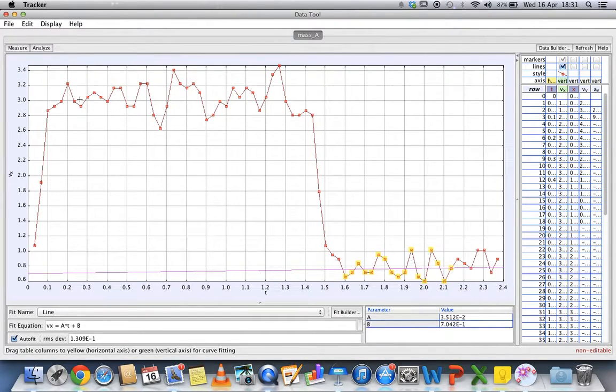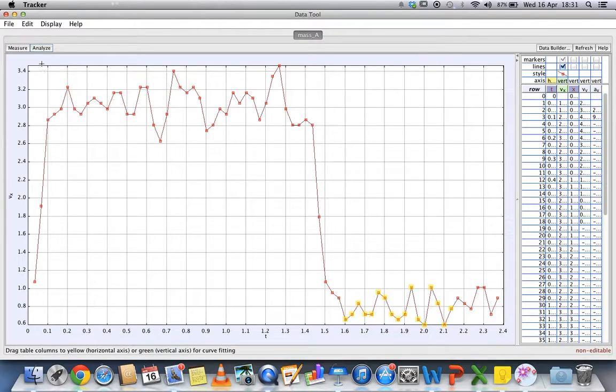So how are we going to find out the velocity? The velocities over here are fluctuating between 3.4 and 2.6. So what you can do is, instead of doing curve fits, you do statistics.